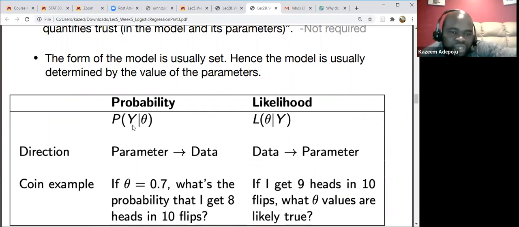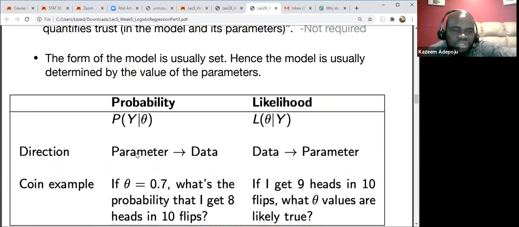Let me interpret what this is saying. This one asks, what is the probability of my data given the model? But this one is saying, what is the likelihood of the model given that I've observed the data? If you take a look at that, they are not the same.